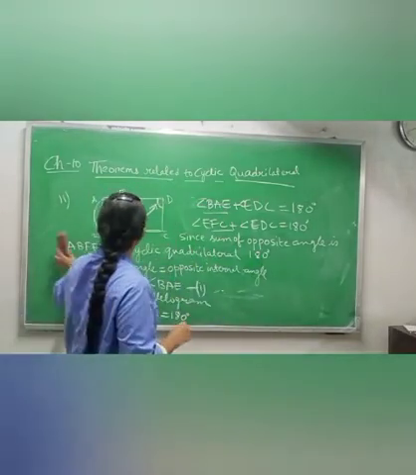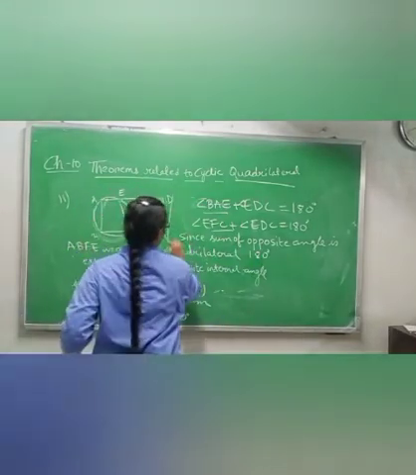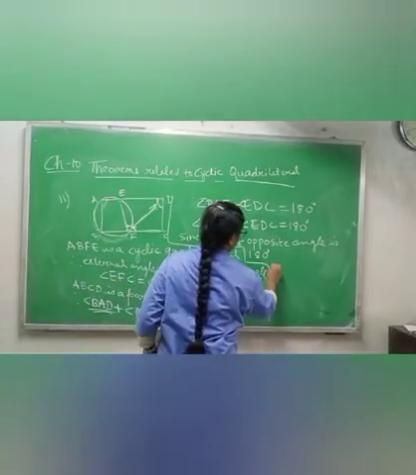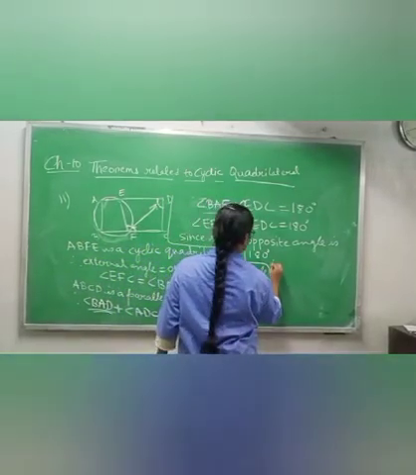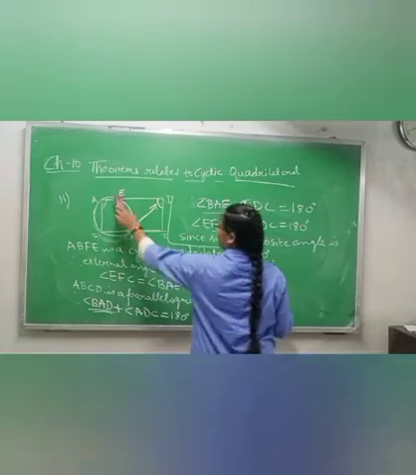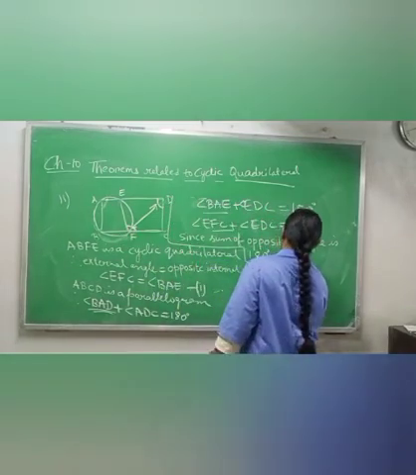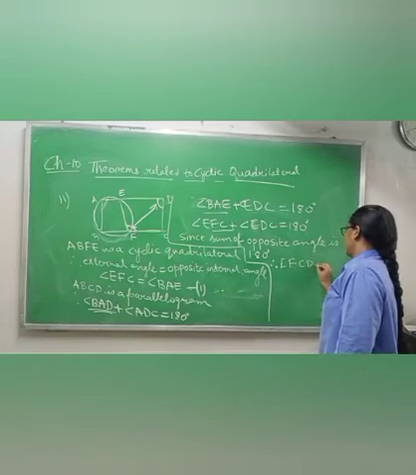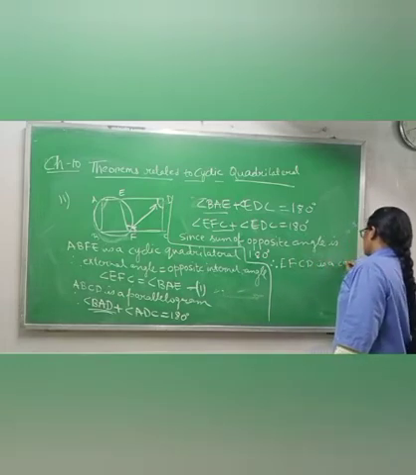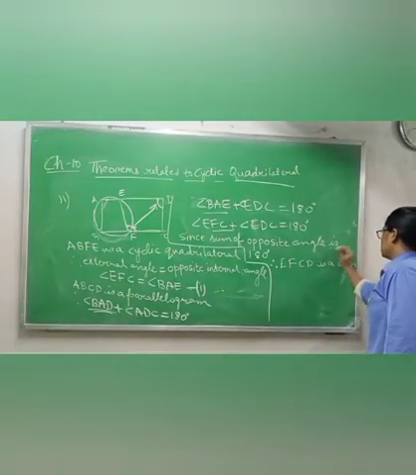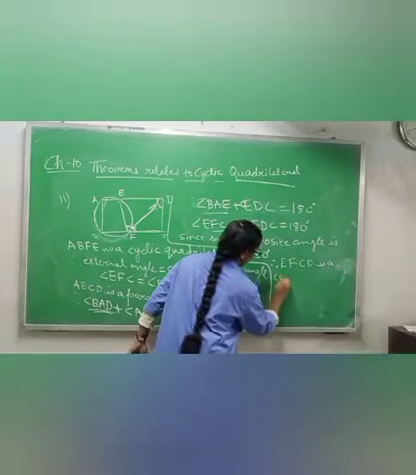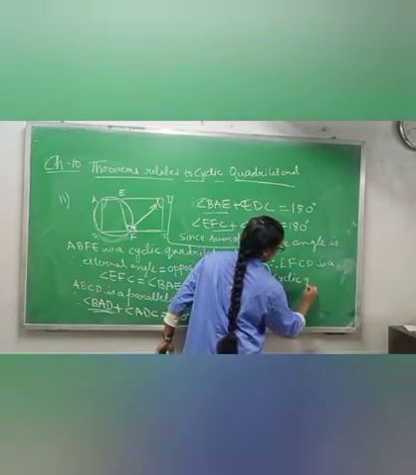I am rubbing this part, okay? Or I am doing like this. Therefore, what you will say? EFCD is a cyclic quadrilateral.